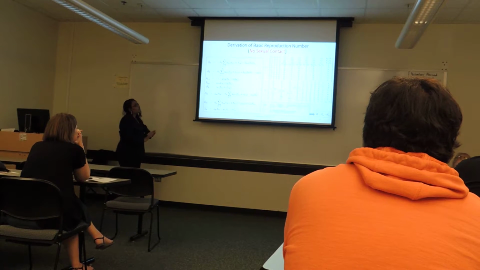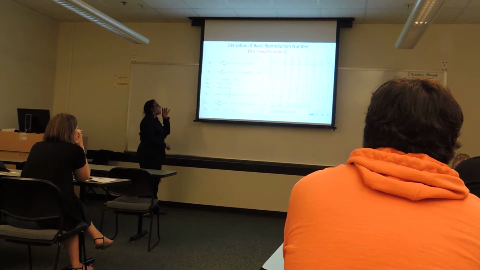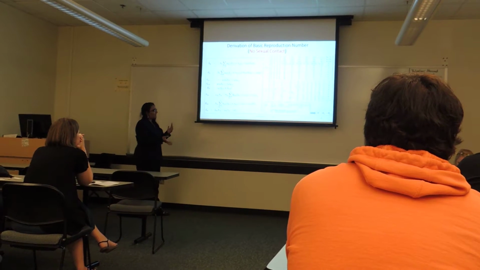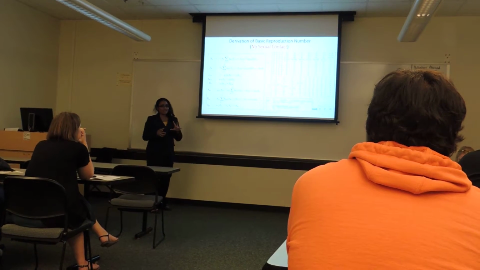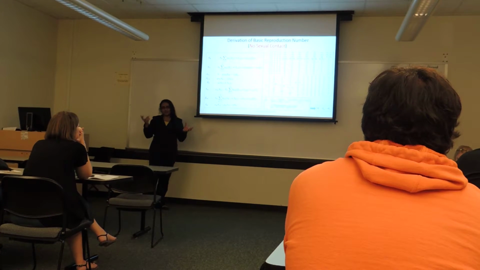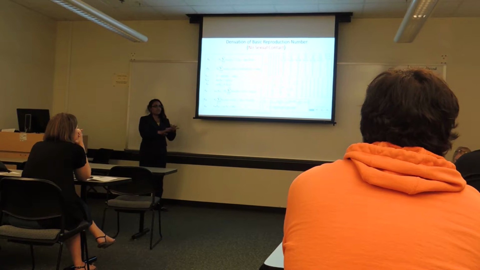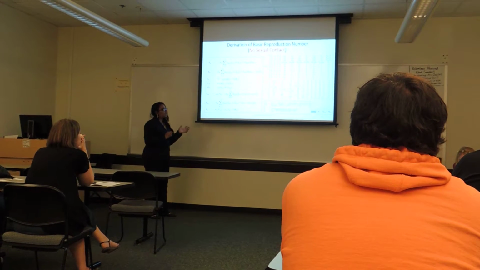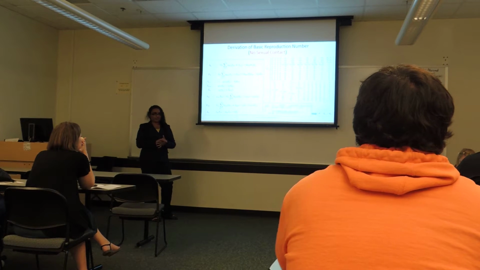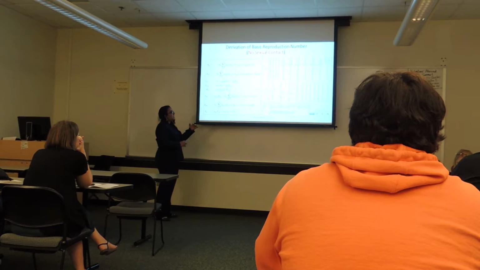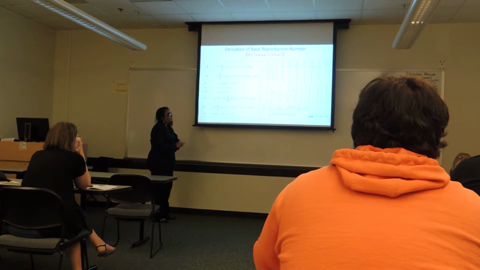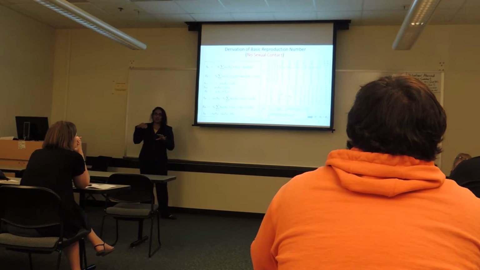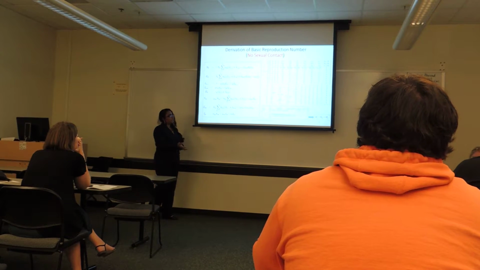So once we had our model, we were able to derive what's called the basic reproductive number. This number basically is the average number of secondary infections that occur when one infectious person enters a room of susceptible people. We derived this using the next generation matrix approach. The F matrix you see over there is the Jacobian matrix of the new infections that are solely going into the exposed class.